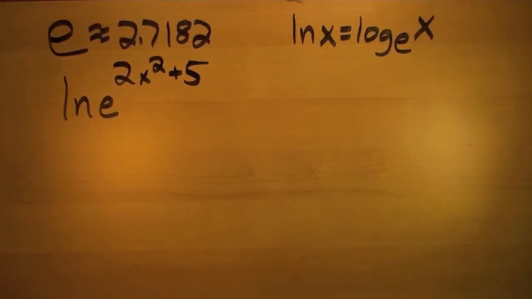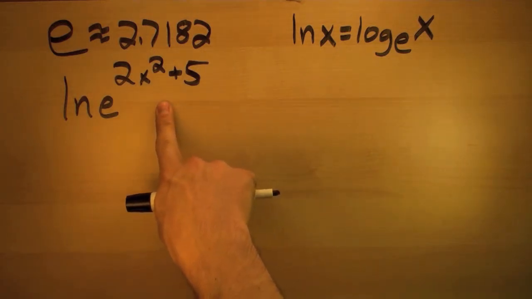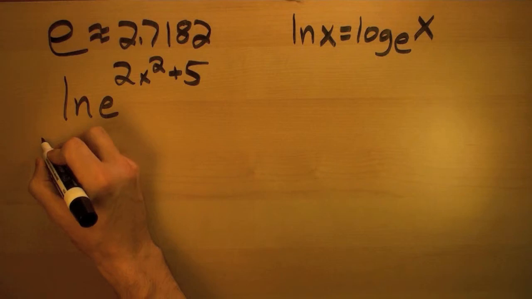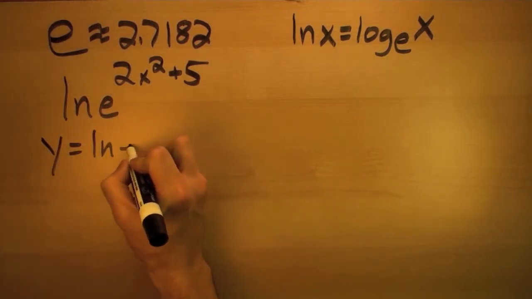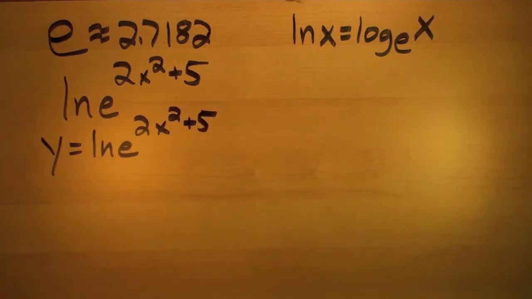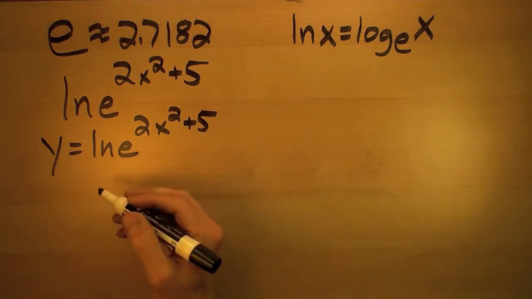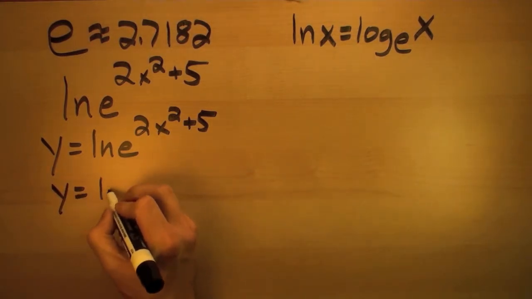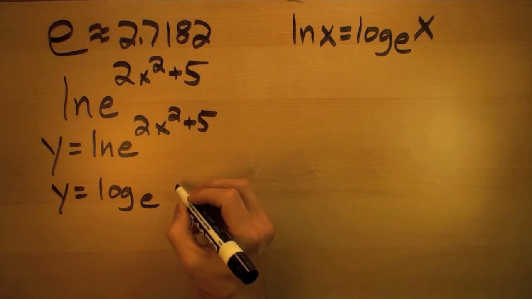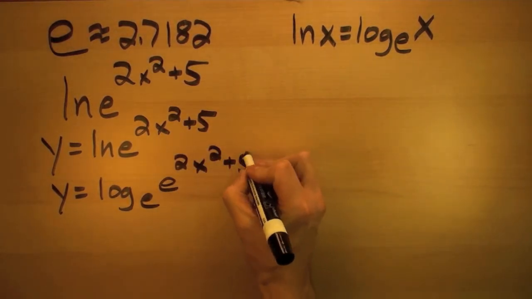An only slightly more complicated problem would be the natural log of e to the 2x squared plus 5. So we write this as y equals natural log of e to the 2x squared plus 5, and we keep in mind that this really means log base e. So y equals log base e of e to the 2x squared plus 5.